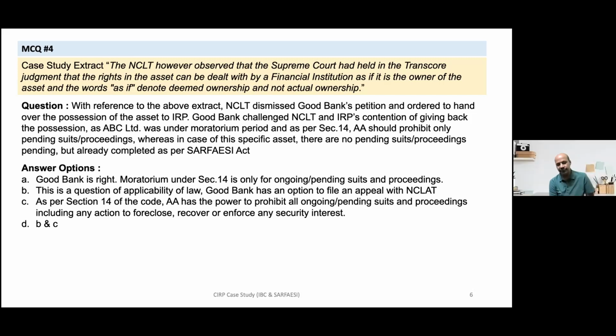But as per section 14, I think the power the adjudicating authority has is to prohibit only the ongoing and pending suits, right, or proceedings, and this is already completed. So I'm just thinking aloud and sharing this view. Do you think it is right that the AA has the power to ask, in my view, section 14A states that including execution of any judgment, decree or order.